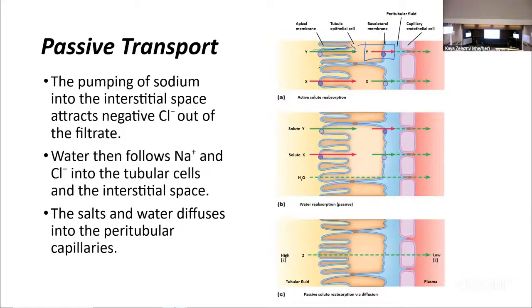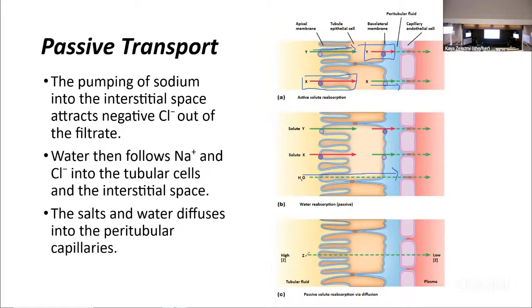You could do the reverse. You could have active transport at the apical membrane, allowing for passive transport up here at the top. Down here at the bottom, they've added on water. So if you do this and end up with high concentrations of solutes, potentially sodium and chloride, over here in the paratubular fluid, that creates a big force for water to get reabsorbed across this cell.